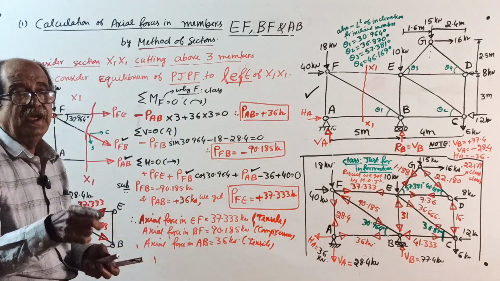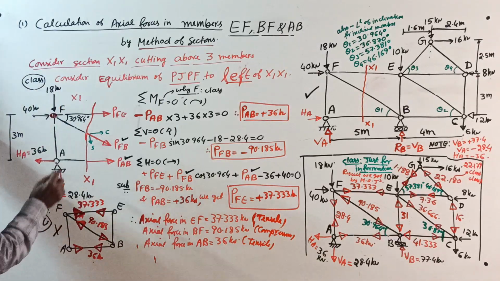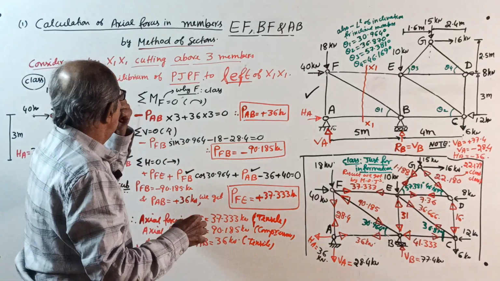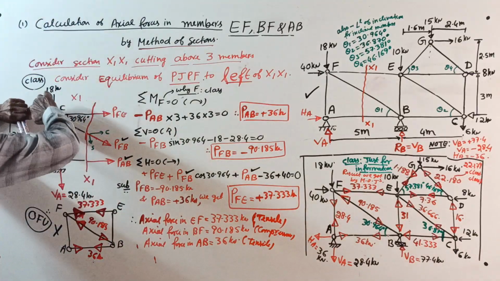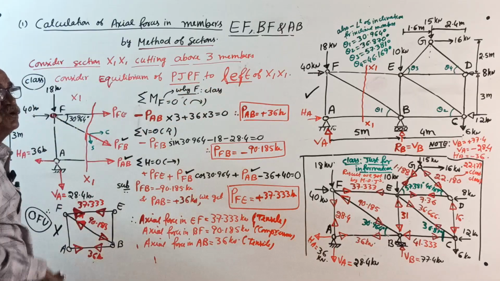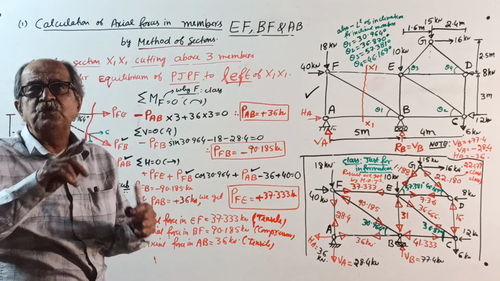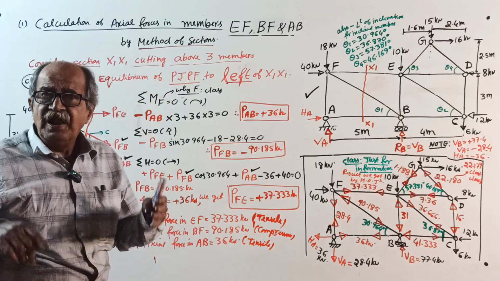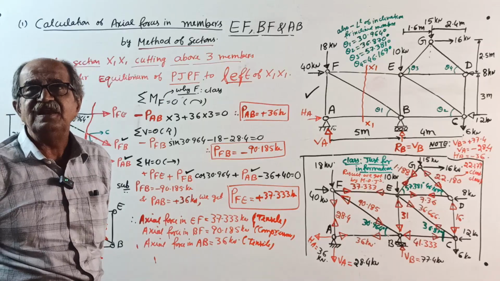Now, make a note. Actually, this is not required. Directly you can tell. See how you write here. We considered all the unknown forces to be going away from the joint. When you consider unknown forces going away from a joint, for the member it will become tensile.